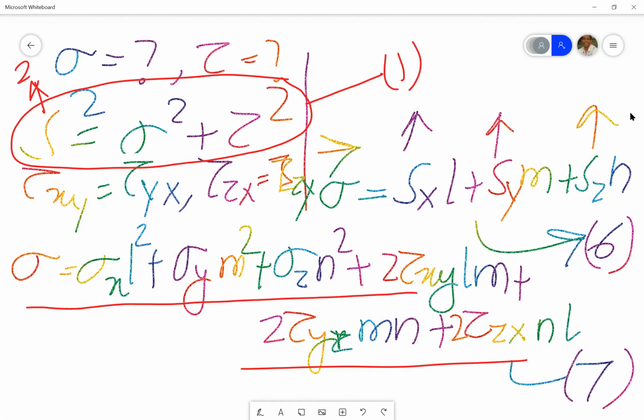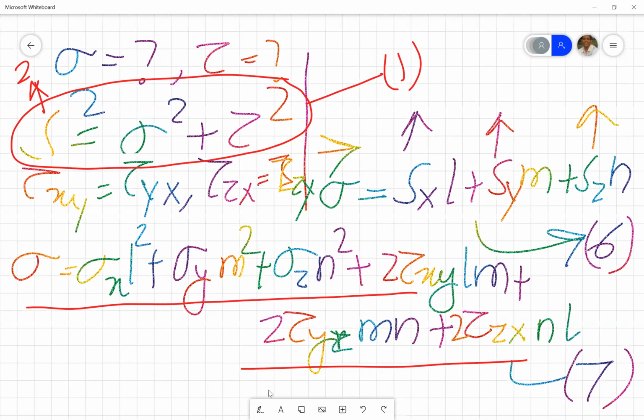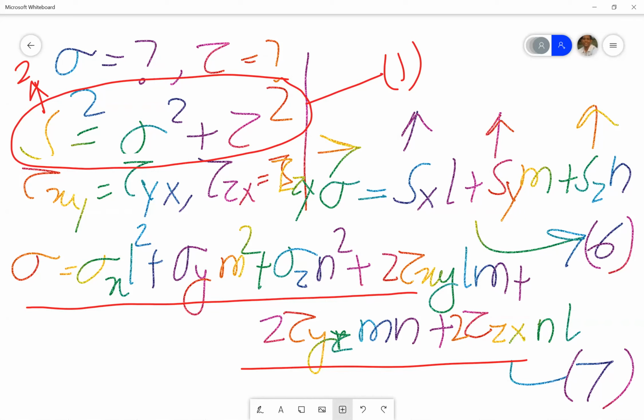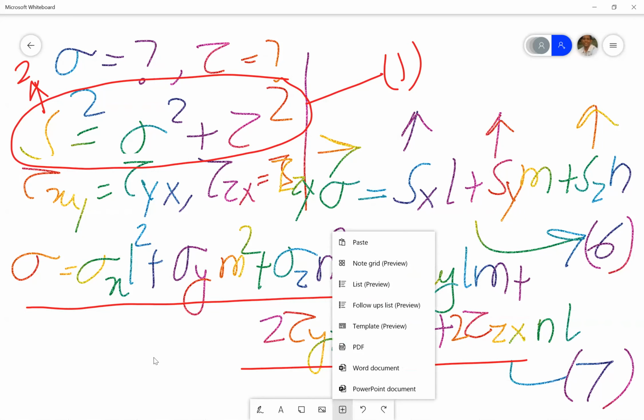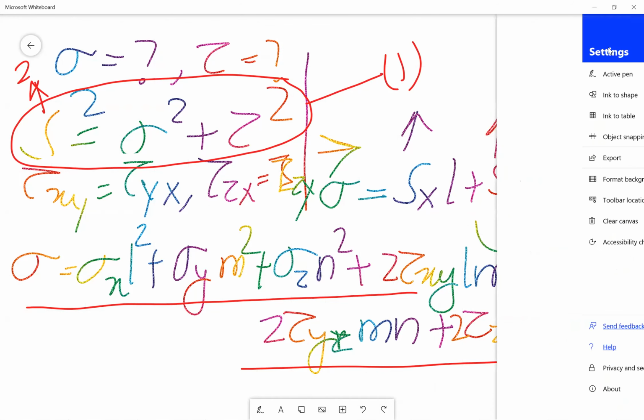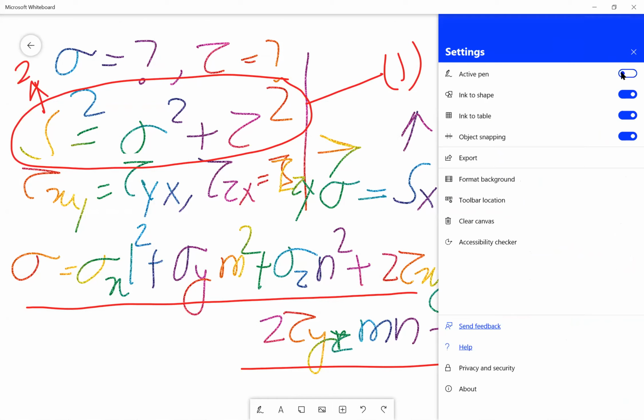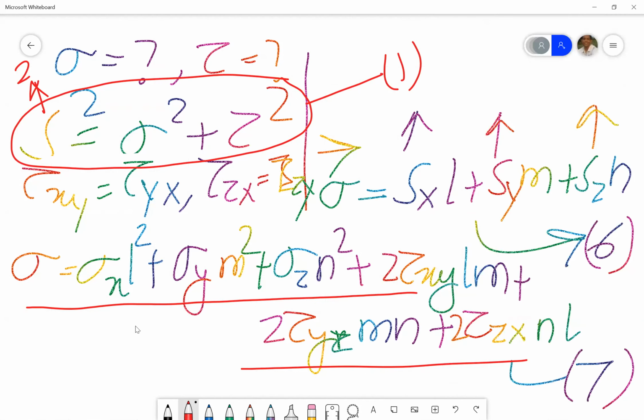So in equation number 7, we find the values of total stresses.